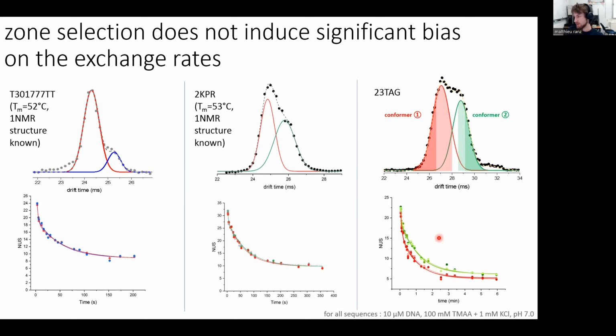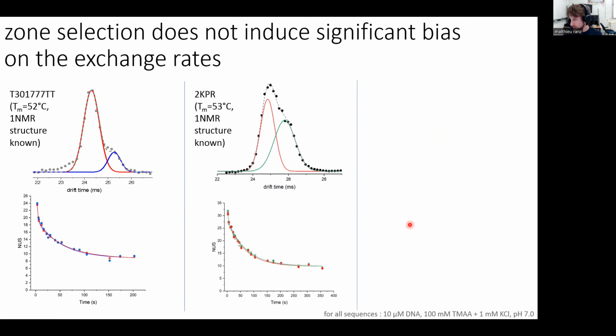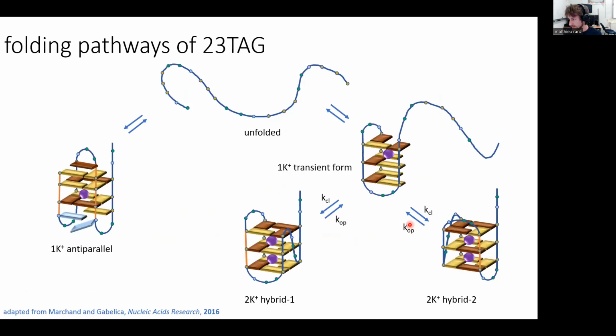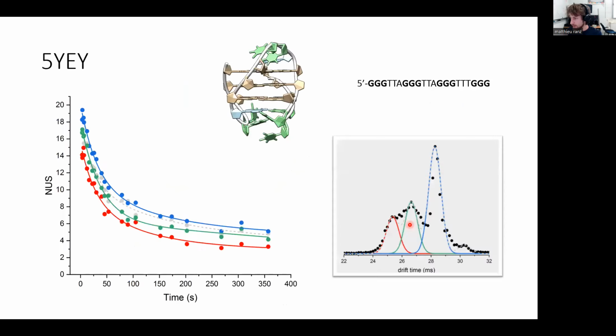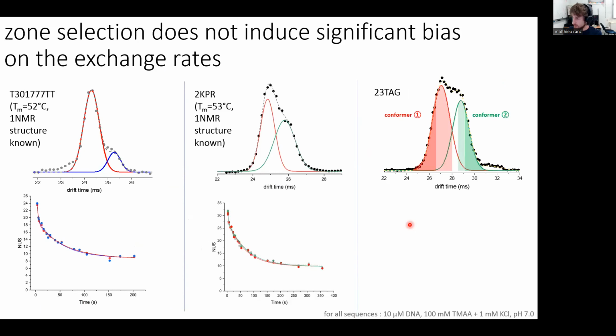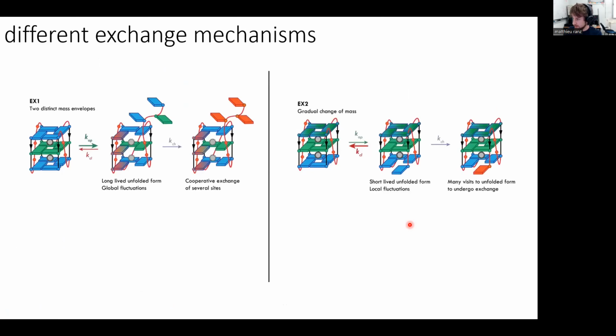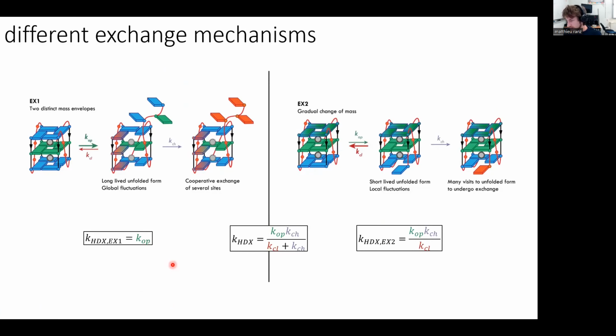Yes, actually, after further deconvolutions of the mass spectra that we obtain, we can observe two different regimes. And maybe I can also show this slide. There we go. You can access the constant of opening. You can access two different regimes depending on the way these species exchange.